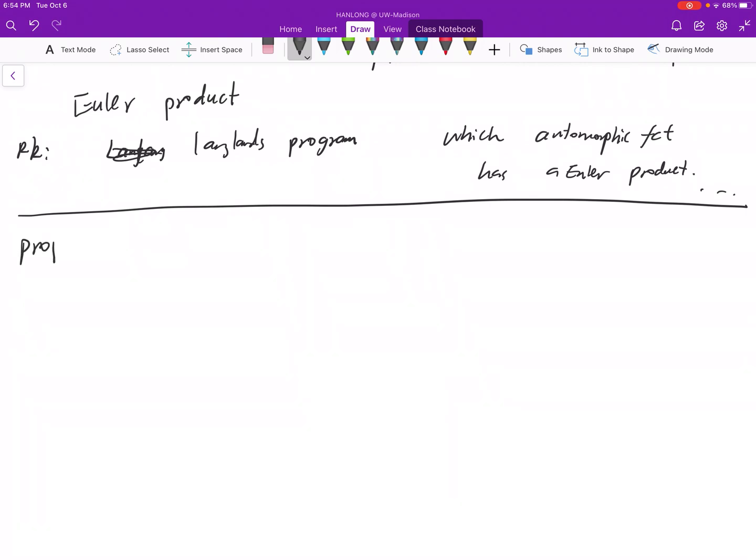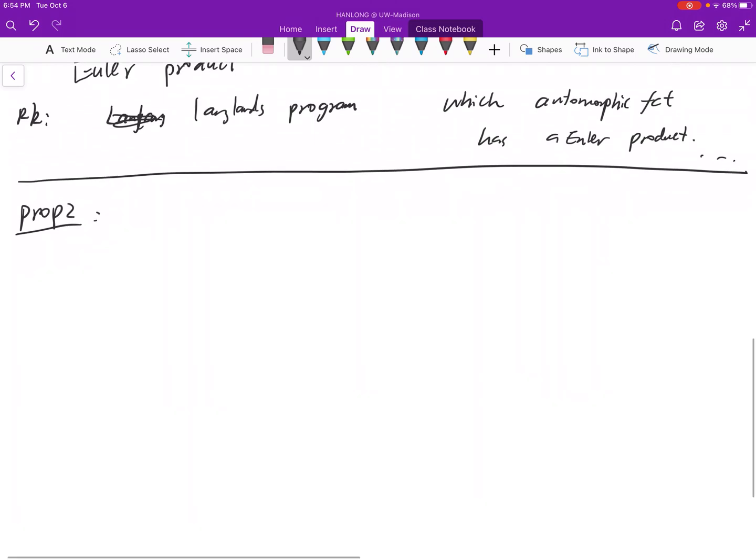Okay, then proposition 2. I'm not going to prove this. It's just elementary number theory.